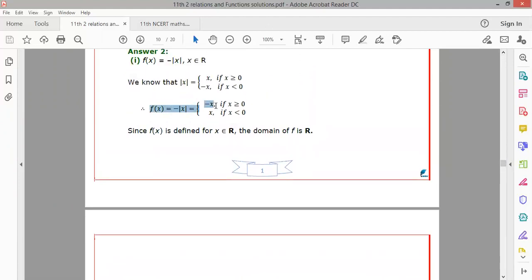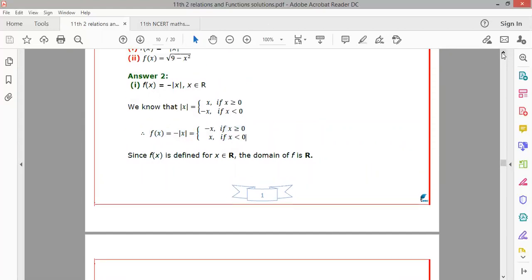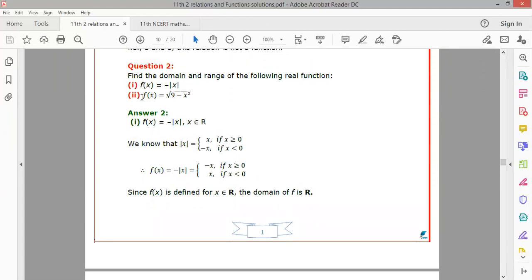Next is part number second. Here f(x) is equal to the square root of 9 minus x squared. First of all, we will see for what values of x this f(x) is defined. Since these are real functions, for what values of x will it be real?